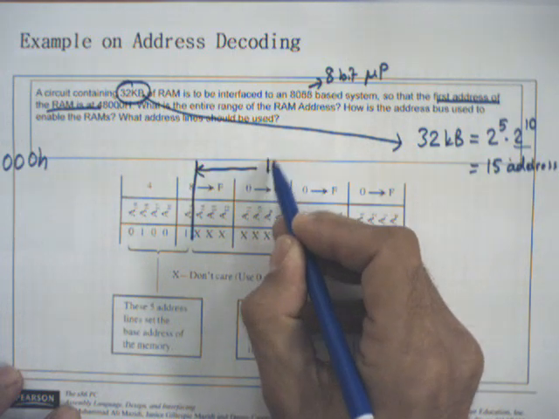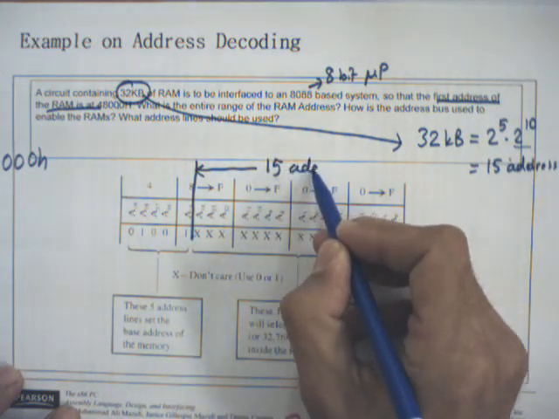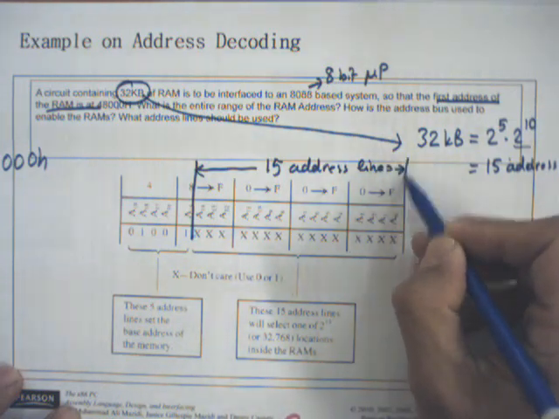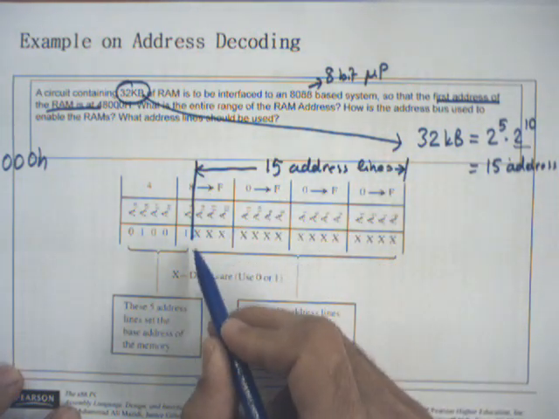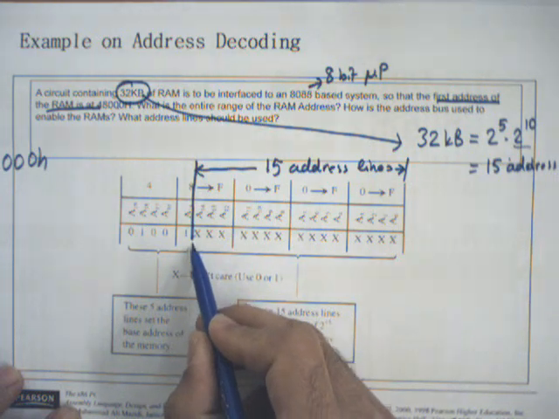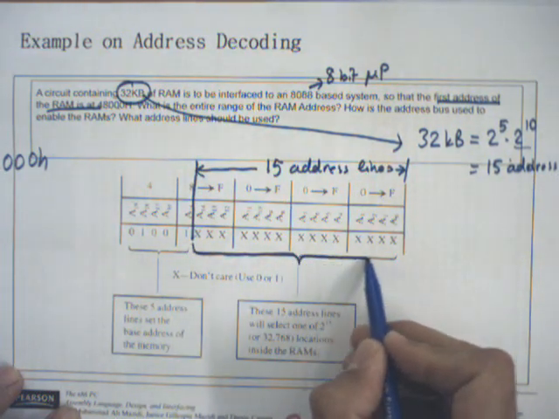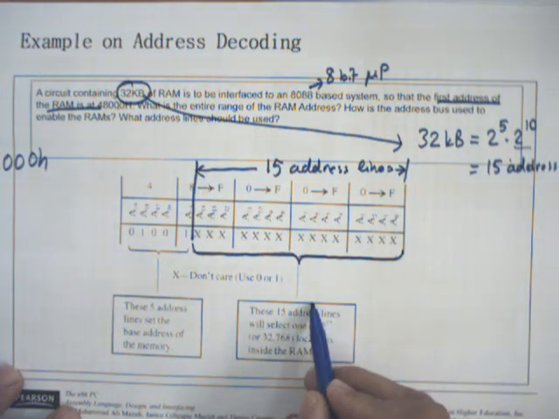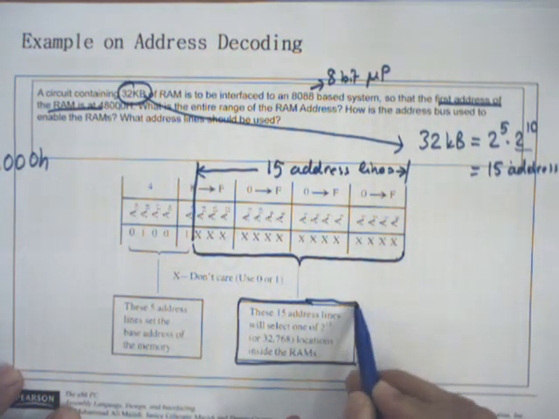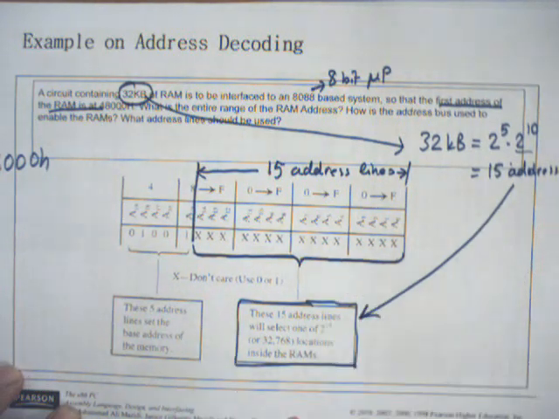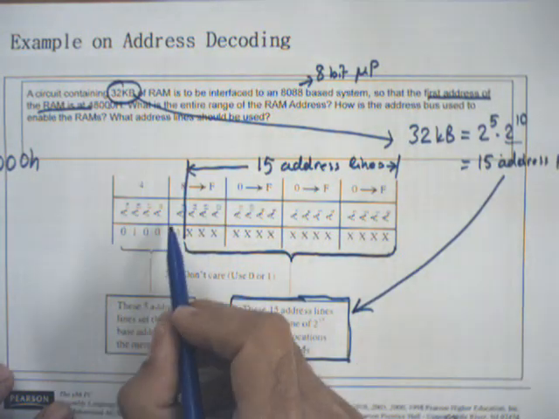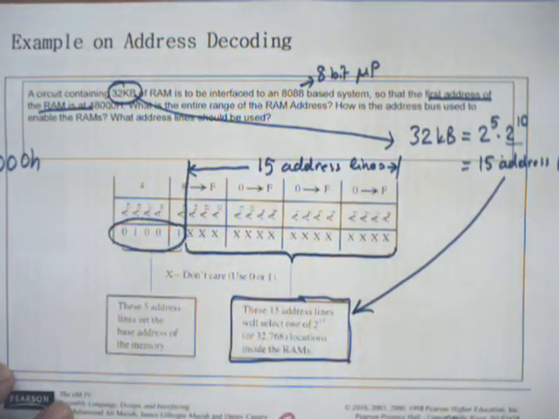Okay, so 15 address lines or pins are used for addressing the RAM. So it's given in here. These 15 address lines will select one location inside the RAM. Okay, so the solution is given and consistent with our estimation or calculation. The rest should be used for selection.